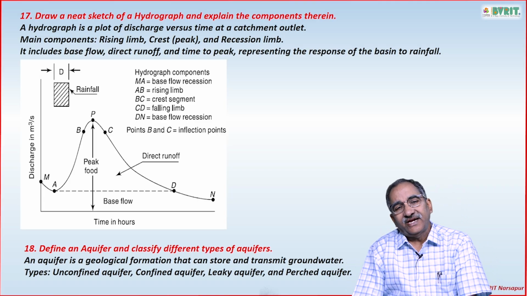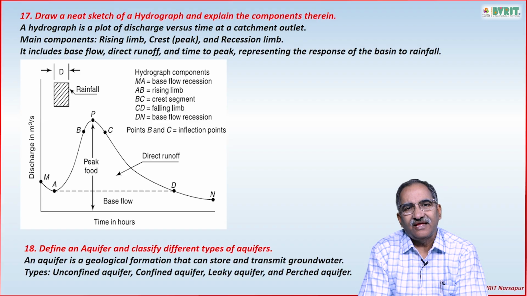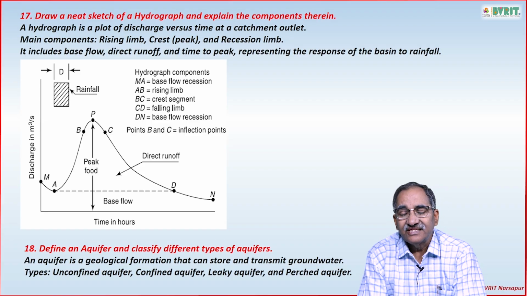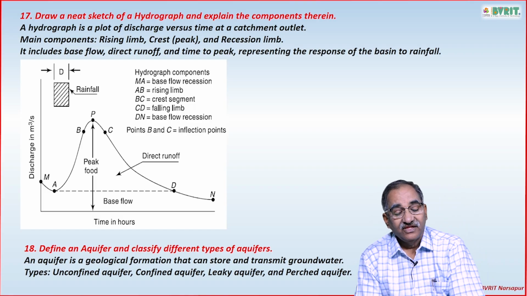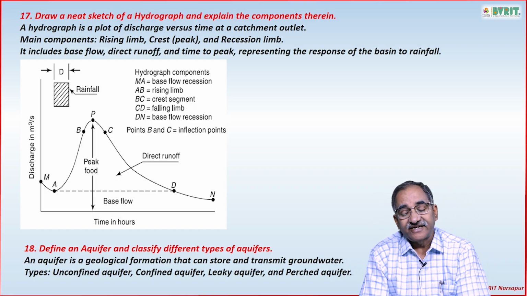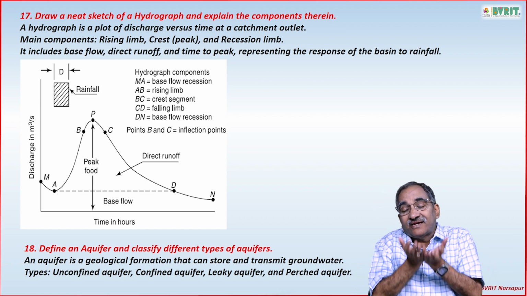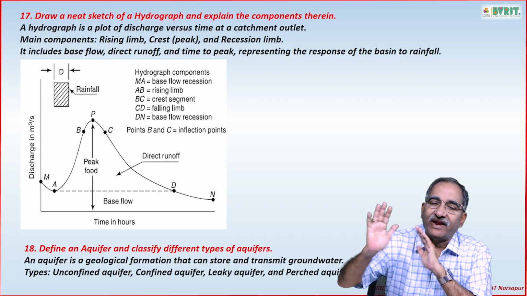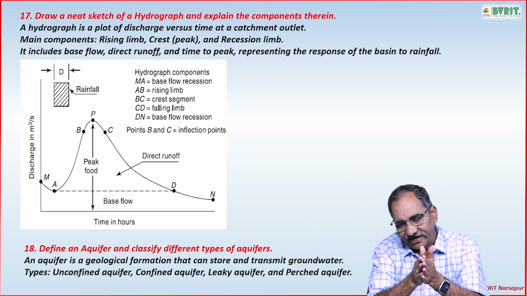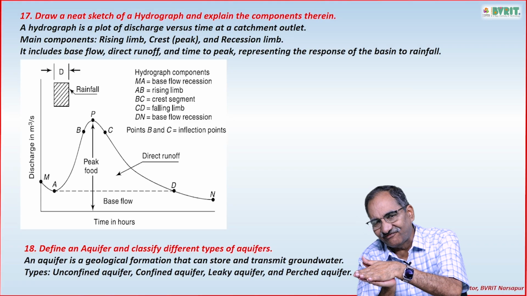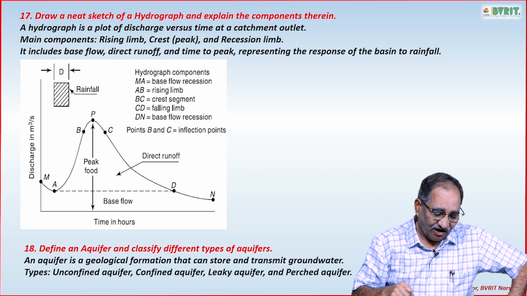The main components of the hydrograph are the rising limb, the crest portion and the recession limb. It includes base flow, direct runoff and time to peak. It represents the response of the basin for a particular rainfall, that is, what the response of the catchment is because of that rainfall.